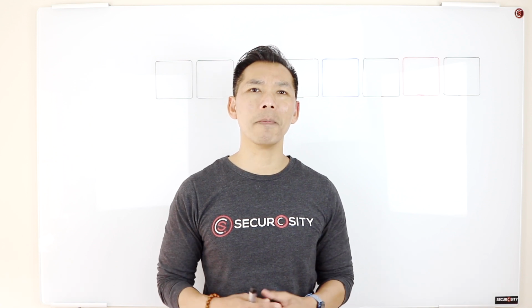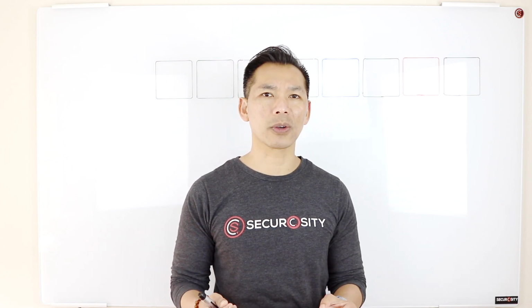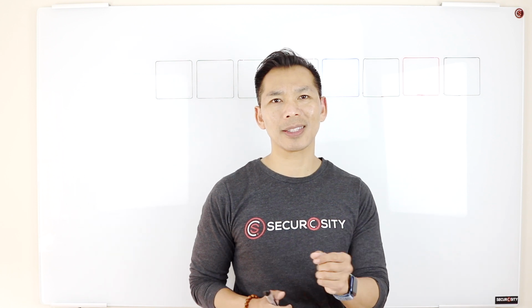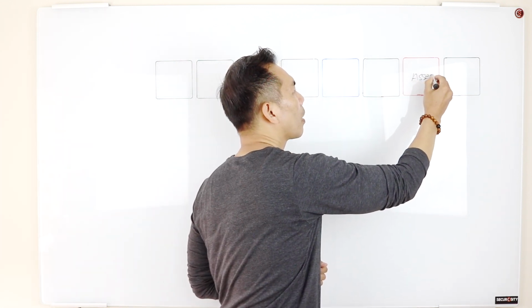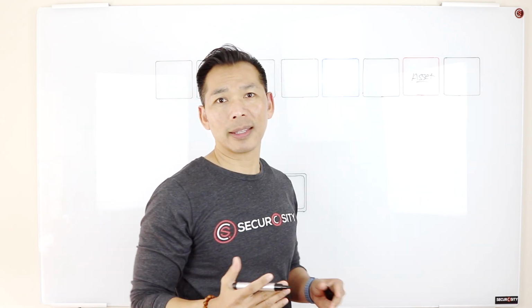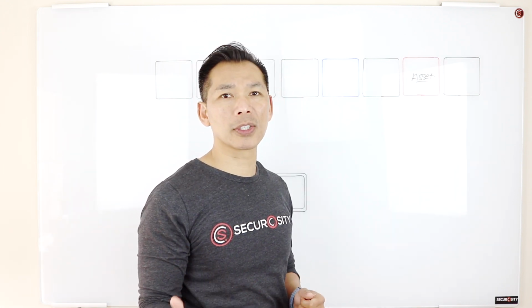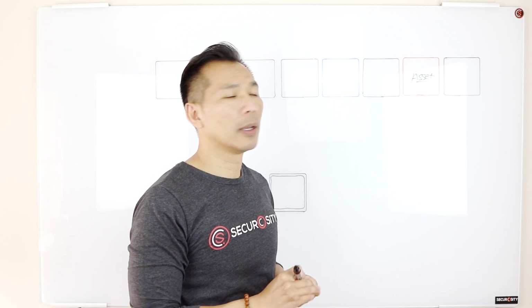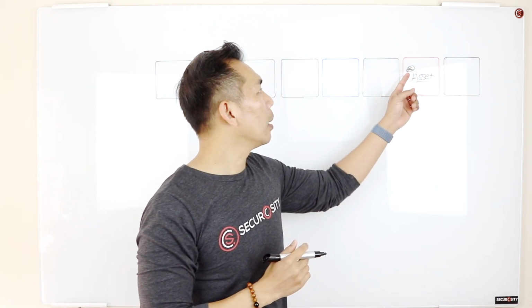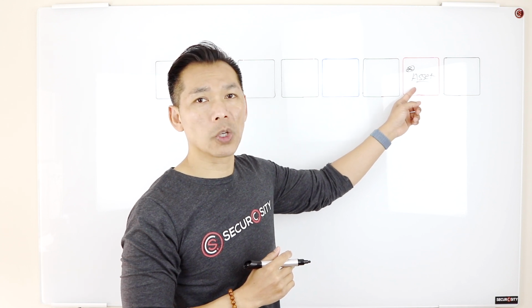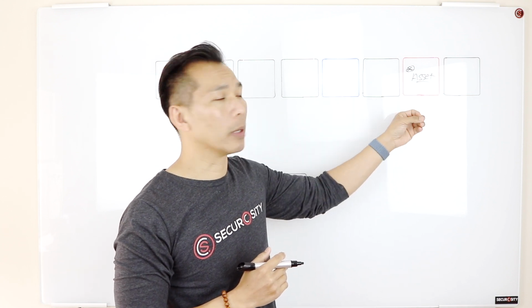Similarly, we can't manage what we can't measure. So first thing first is asset identification. Asset is information or information systems within your organization. I'm going to place a placeholder here for us to come back and elaborate on more.